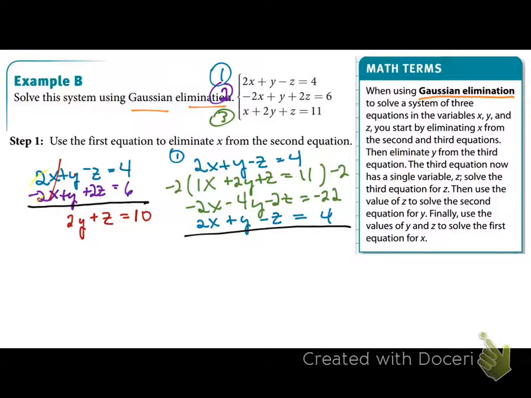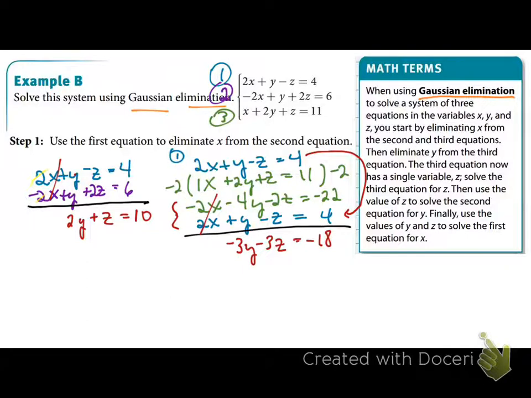So now I've just taken my first equation and brought it down. Here is my system that I'm now going to add. You can see that when I add the negative 2x to the 2x, they cancel out. Now I have a negative 4y plus y for negative 3y, and negative 2z minus z for negative 3z, and then a negative 22 plus 4, negative 18.